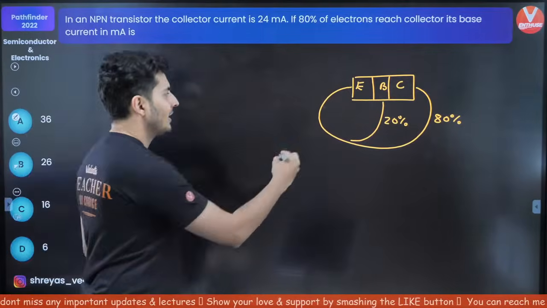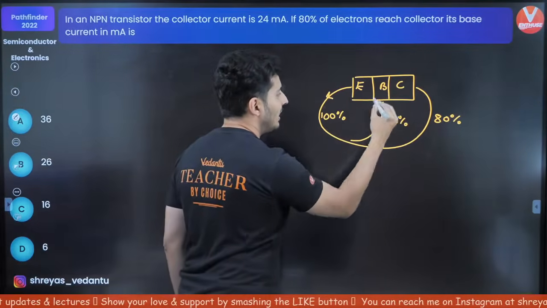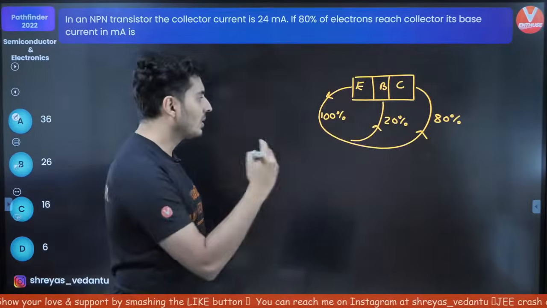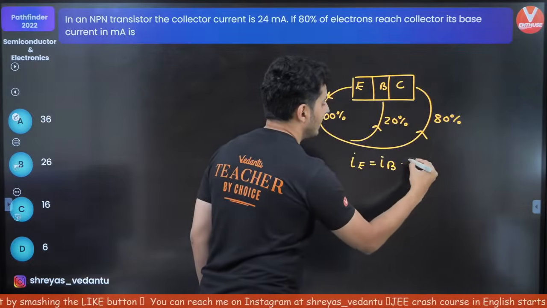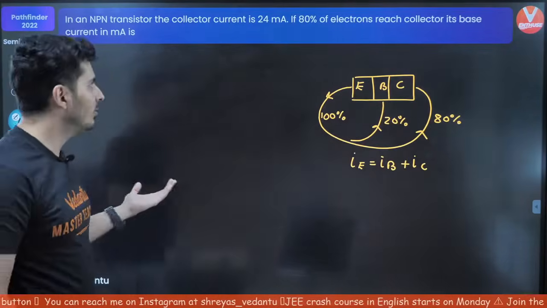Got it? Out of this 100% coming out of the emitter, 20% is reaching the base, 80% is reaching the collector. Because remember, I have told you the emitter current is always the base current plus the collector current. If you remember this simple diagram, your half of the job is done.